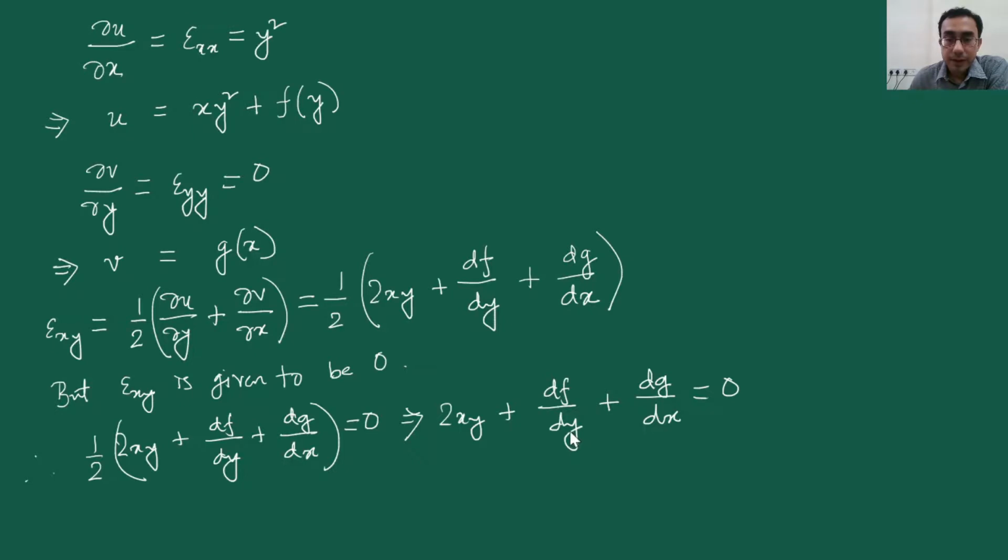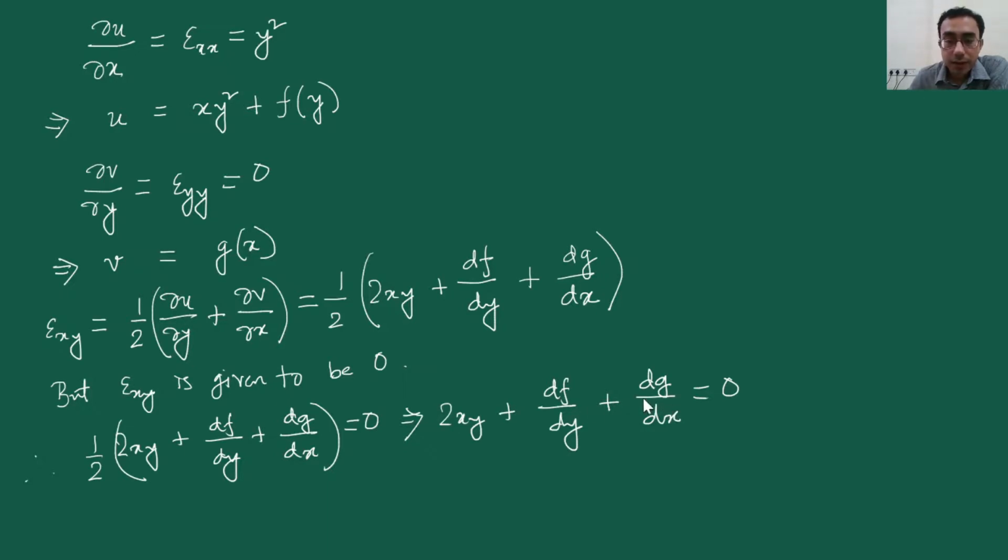Furthermore, suppose this were a constant. Suppose f is like some ky, and suppose this g is like some cx. So after the first derivative with respect to y, this will give you just a simple constant k, and this will give you a simple constant c.